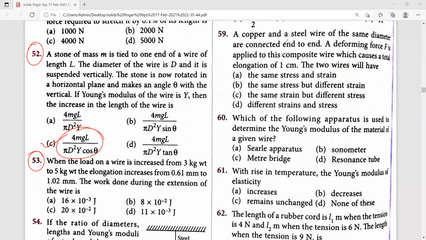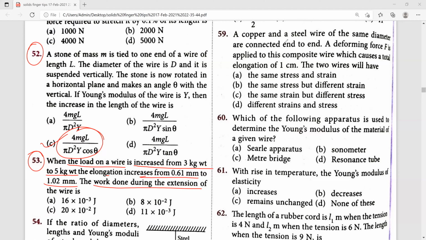53rd one, when the load on a wire is increased from 3 kg weight to 5 kg weight, the elongation increased from 0.61 millimeter to 1.02 millimeter.